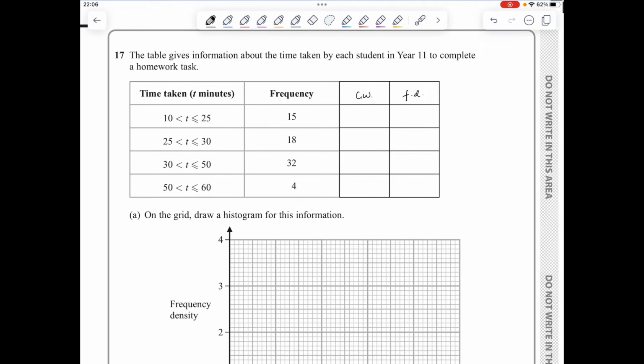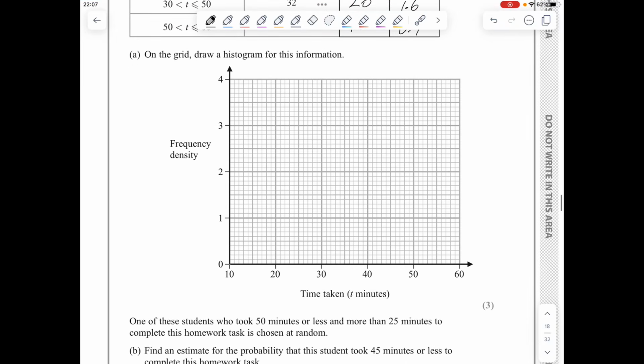So for the first one, 25 minus 10 is 15, and then I get a 5, 20, and 10, and the frequency density is equal to the frequency divided by the class width. So 15 divided by 15 is 1, 18 divided by 5 is 3.6, 32 divided by 20 is 1.6, and 4 divided by 10 is 0.4. So let's draw these bars.